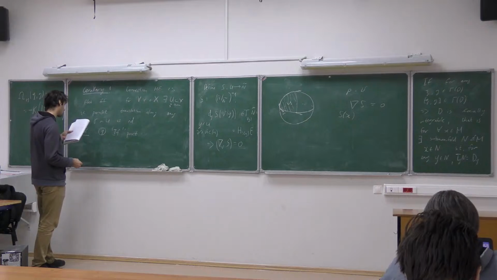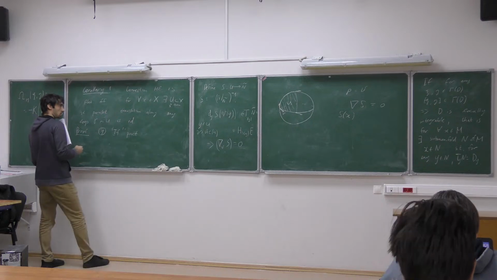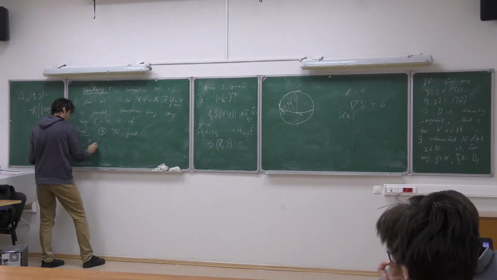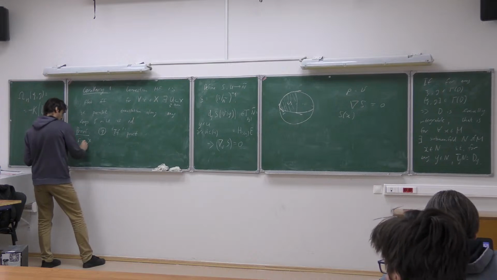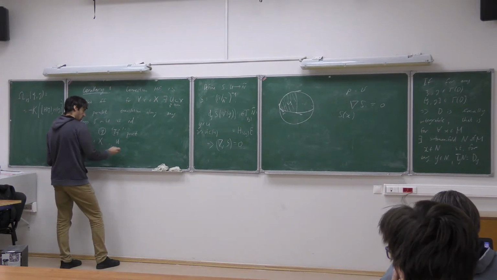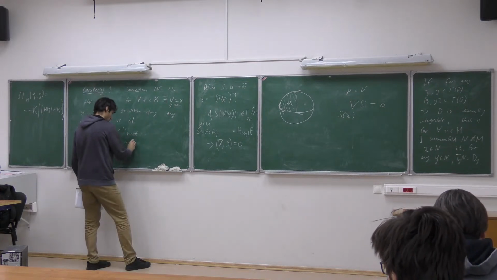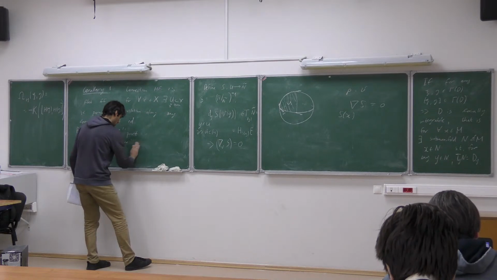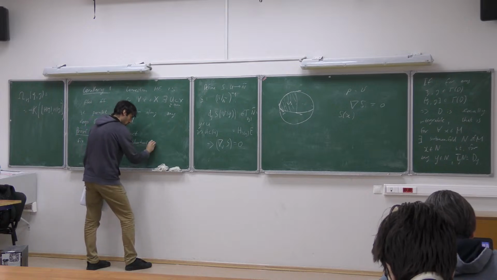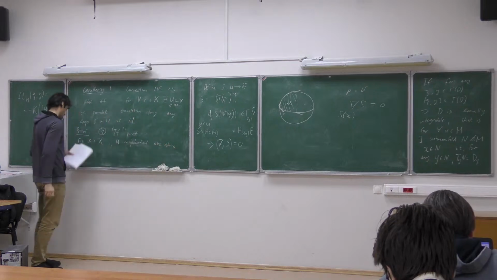So we need to take, well, x, so fix some point x in my manifold, and suppose that U is a neighborhood like in the corollary above.